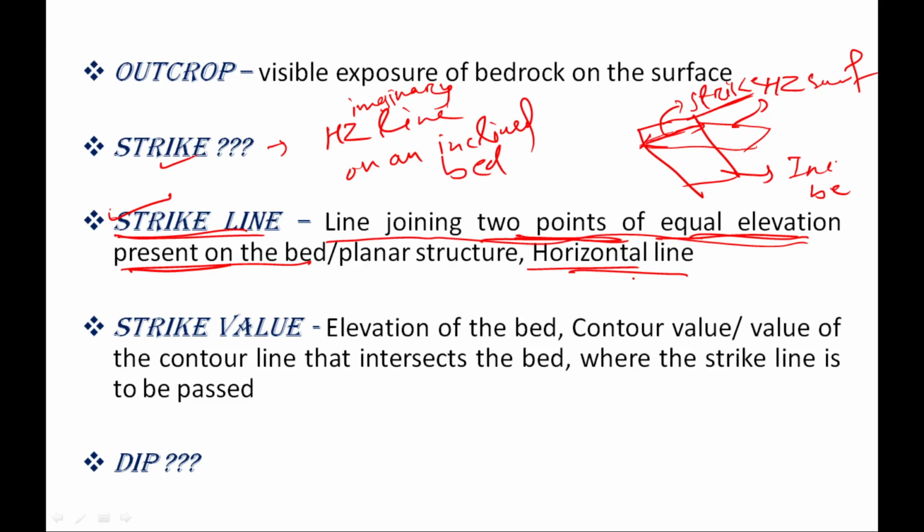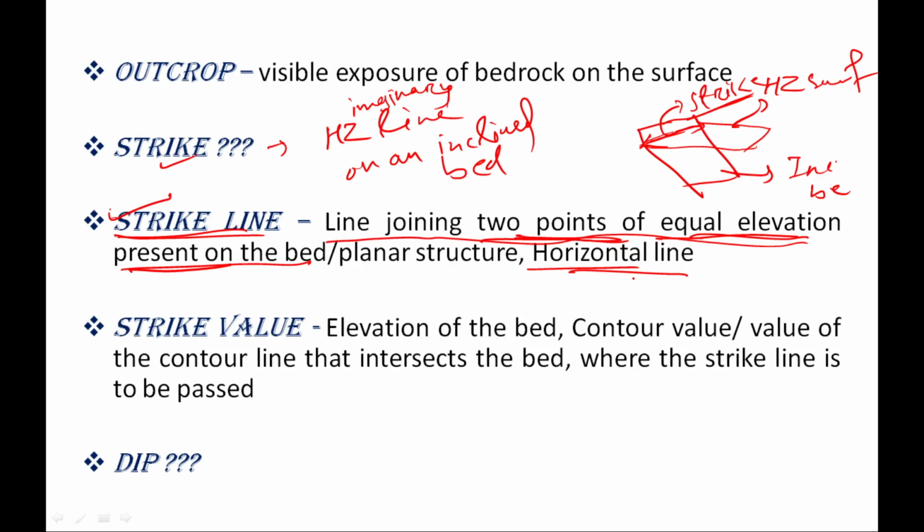When you are talking about the line joining two points of equal elevation on a bed or any planar structure or any outcrop, I am going to show you after this slide how you plot strike lines. So the strike line is nothing but you have to find two points which are of equal elevation and present on the bed.